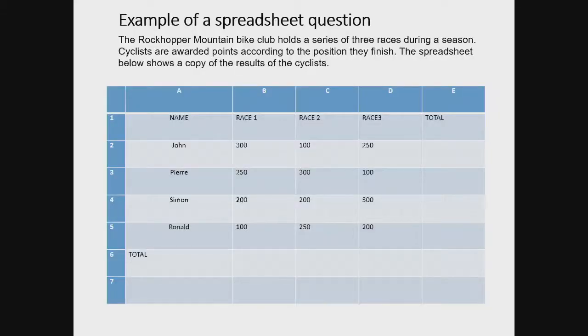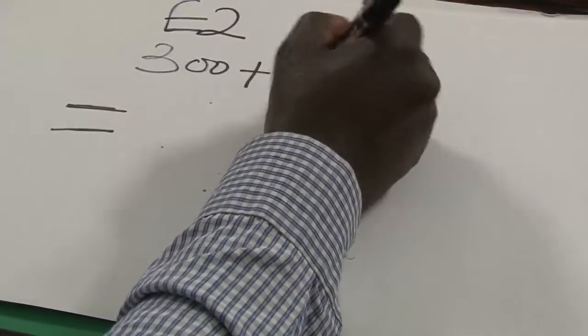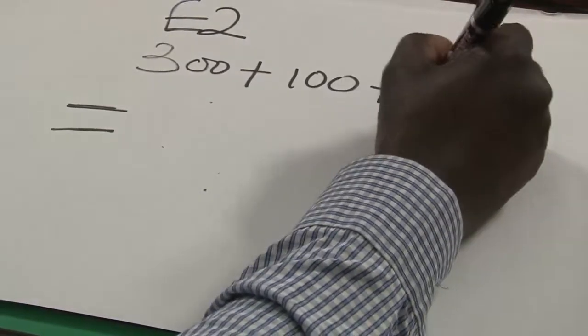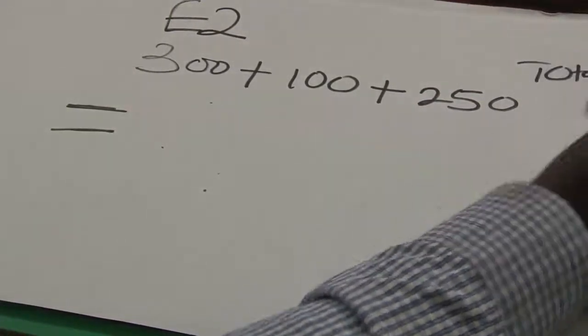Meaning I'm going to add raise 1 for John, raise 2 for John, raise 3 for John together. If we are to talk about it mathematically, I want the total for John. Definitely it is going to be 300 plus 100 plus 250.